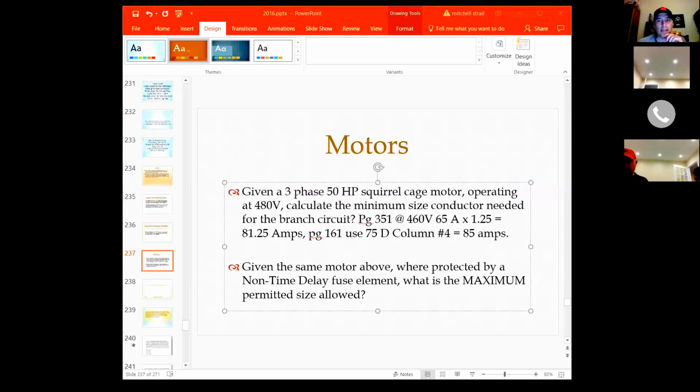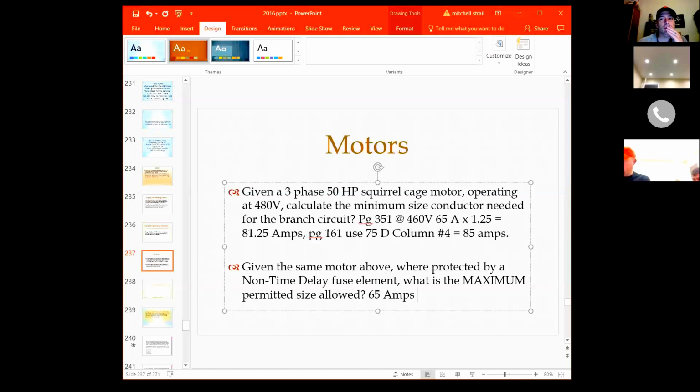It's not 85 amps. Go back to the 65 amps that the motor is rated for on the FLC value, right? Yes. And then what do we do?